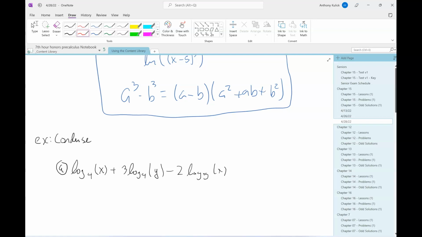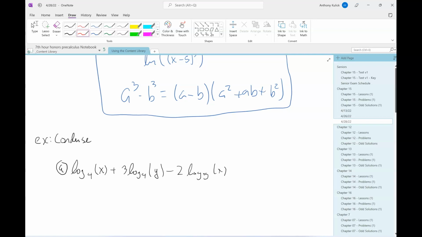So condensing, we go power, product, then quotient, the reverse order of expanding. And when we use the properties, we're looking at the right-hand side of the property rather than the left-hand side. So product property, we're looking for addition outside the logarithm. Quotient property, we're looking for subtraction outside the logarithm. And power, we're looking for a coefficient on the logarithm.